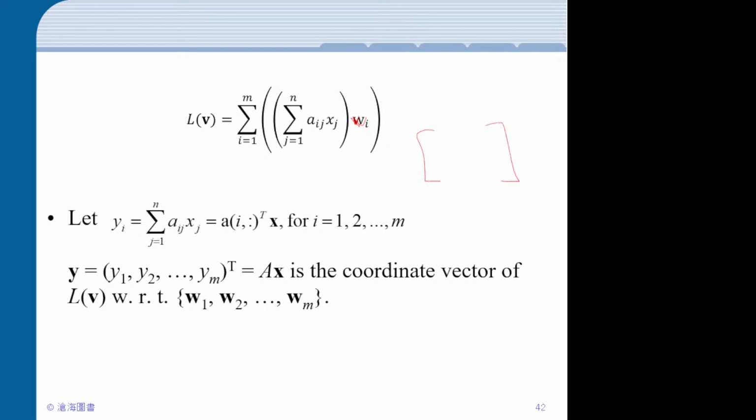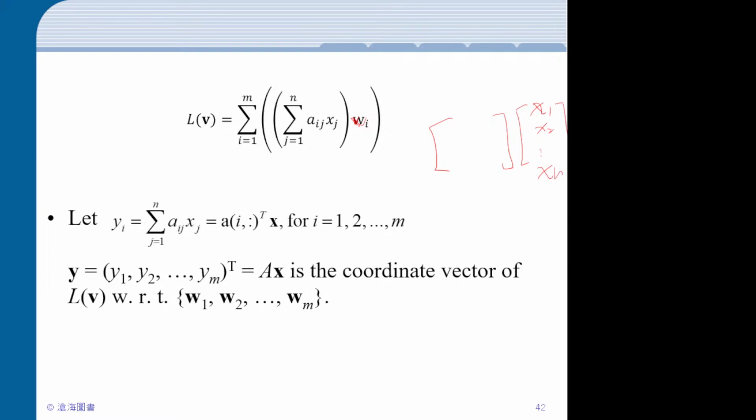Well, a_ij x_j is really doing matrix multiplication, because you can think about your matrix A and your vector x: x1, x2, to xn, right?